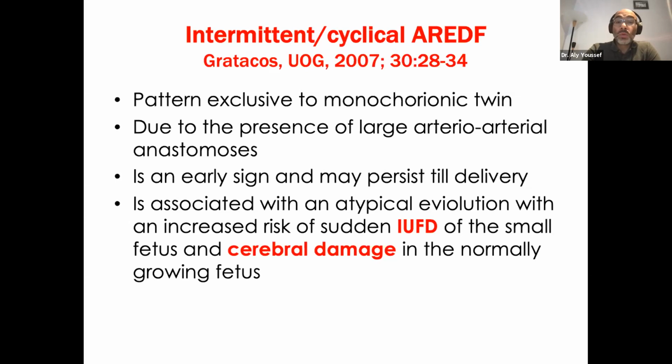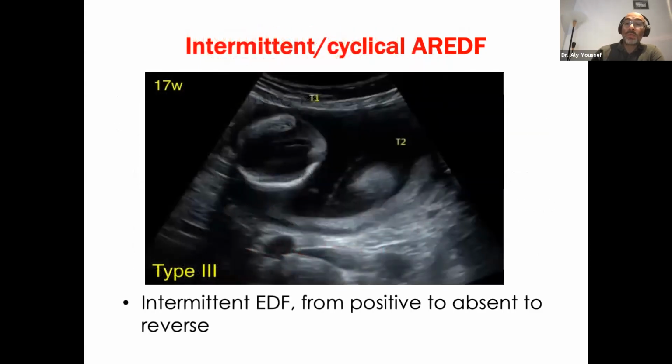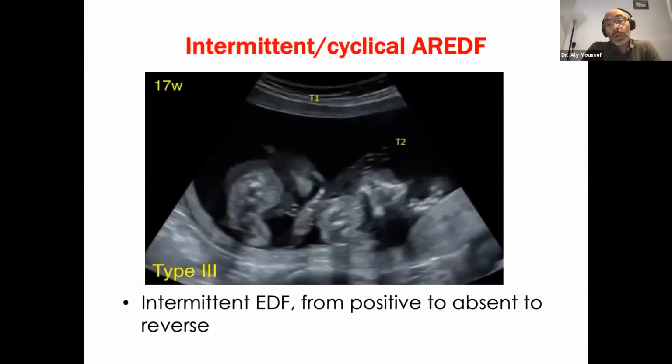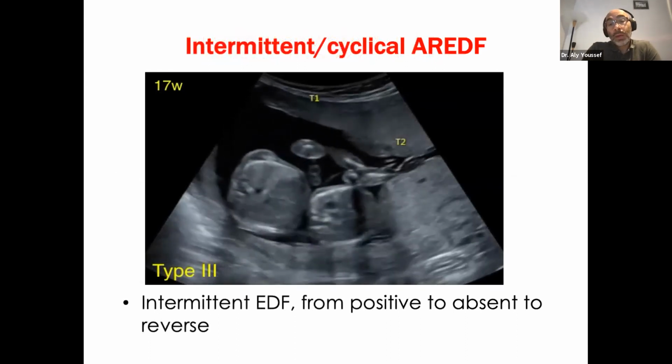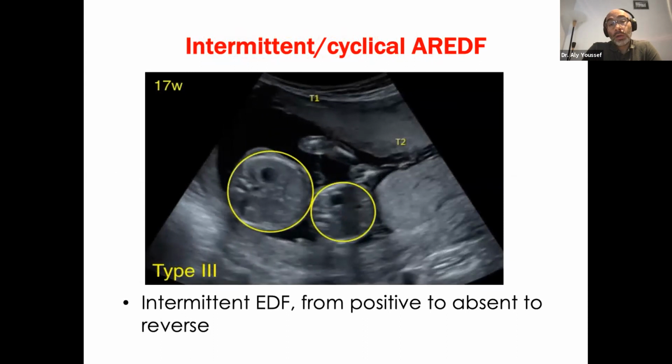And here, not only is the small baby at risk of intrauterine fetal death, but also the larger twin is at risk of cerebral damage due to sudden and continuous hemodynamic instability. So there is up to a 20% risk of having brain damage in the large twin.